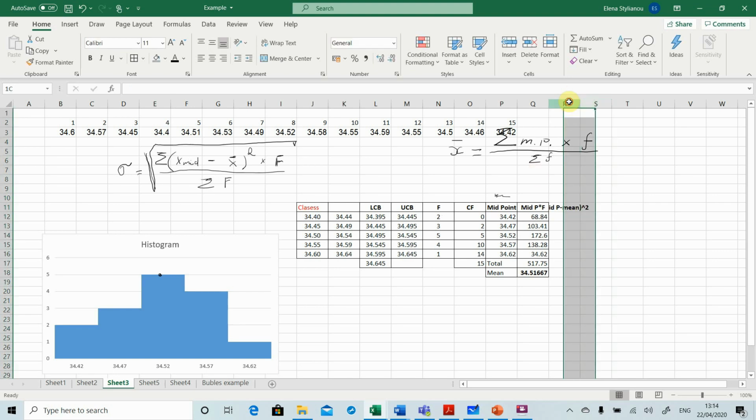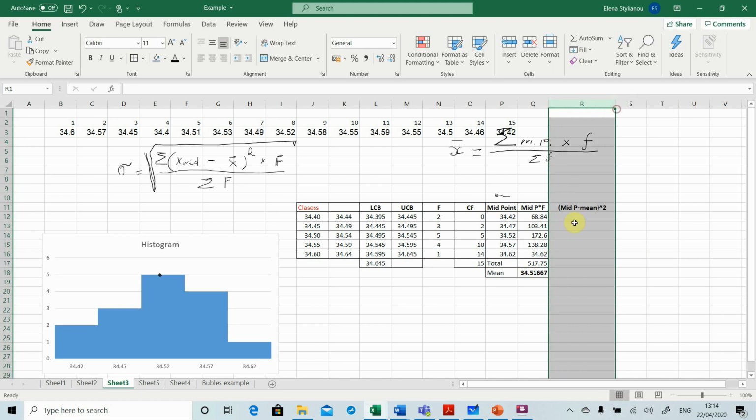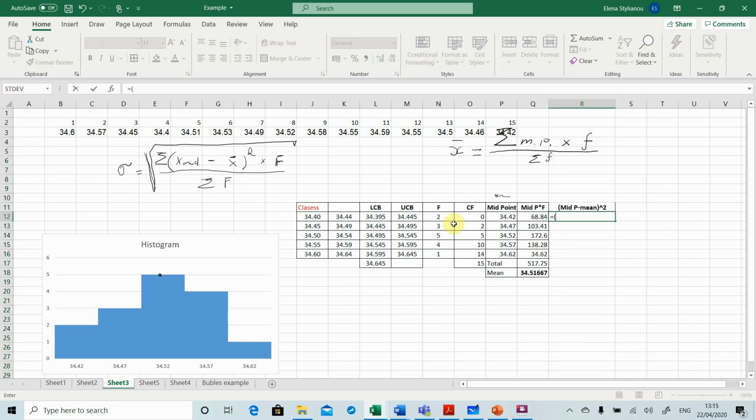Okay, so equals, where is the midpoint? Midpoint is here. We take away the mean. Where is the mean? It is here. We square it. That's it. Enter.